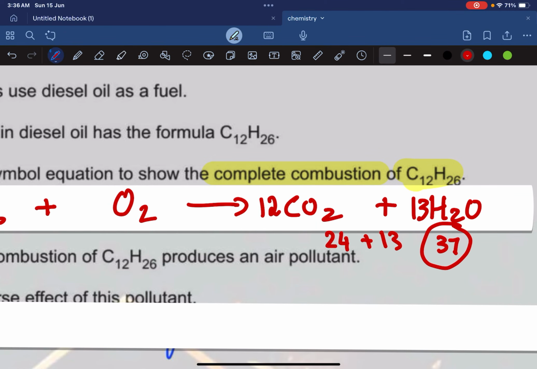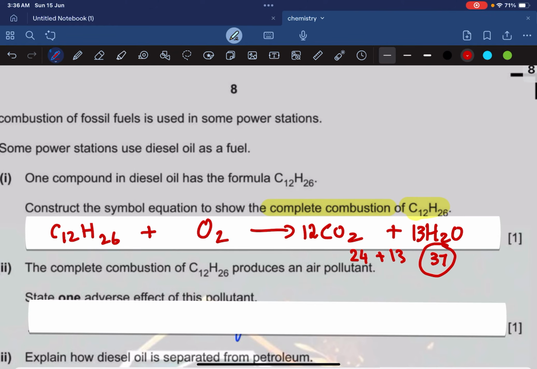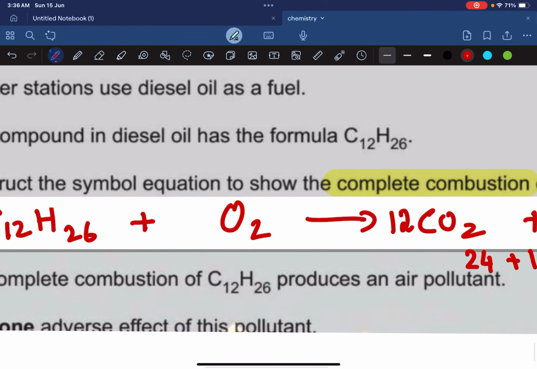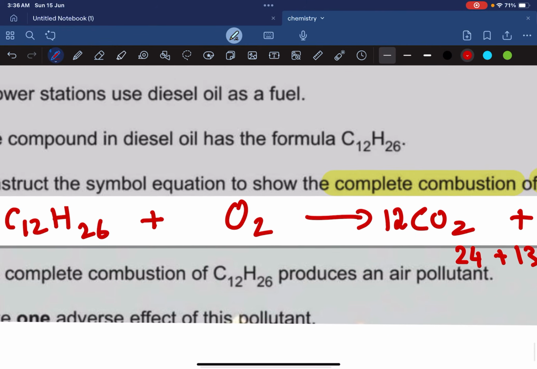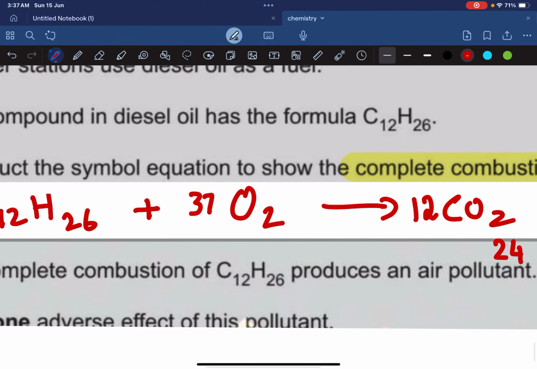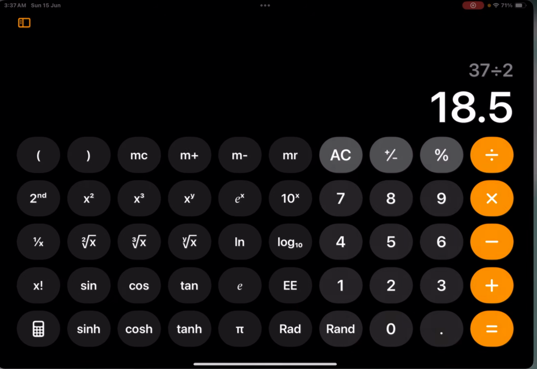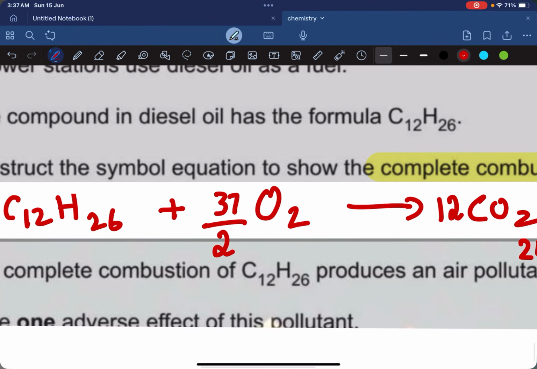Because 37 is not a multiple of 2, we write 37 by 2 over here, half of 37, or you can write 18.5.